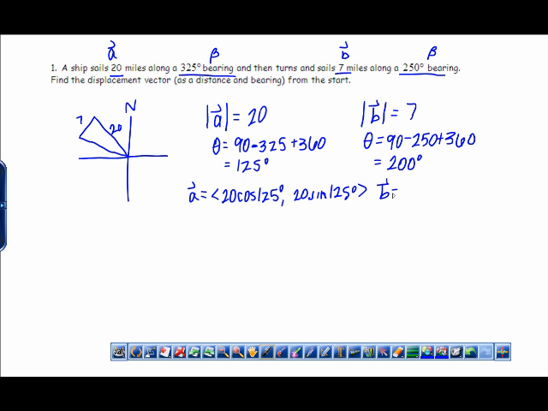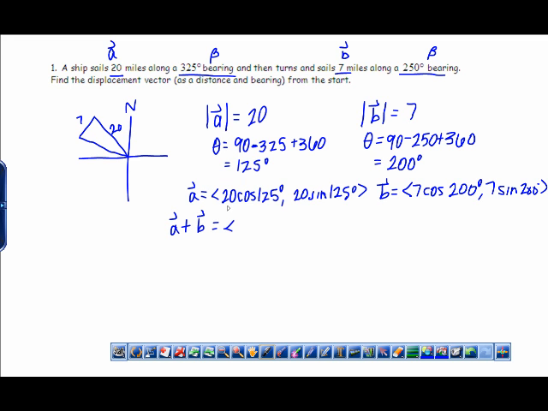Vector B is going to be very similar, except it's going to be 7 cosine 200 degrees and 7 sine 200 degrees. Okay, so I have my two vectors. Now we need to add these two vectors, and before I take magnitude, I'm just going to add the two vectors together, and let's see what we get.